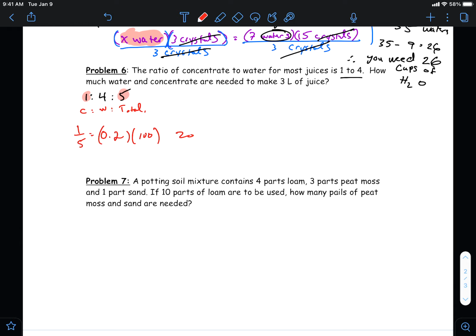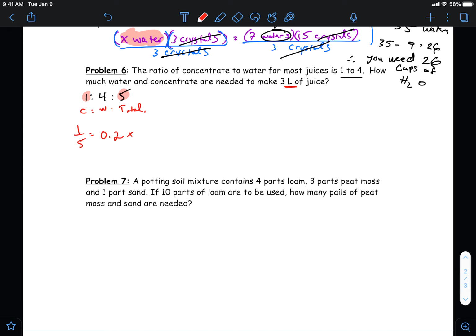So that's what's nice about going this road: we know 20%, or 0.2, of the total. To figure out the volume of concentrate in liters in this mixture, we take this 0.2 and multiply it by the 3 liters of juice, because we know it has to be 20%. 20% of what? 3 liters, 5 liters, 10 liters, however much you're actually trying to make.